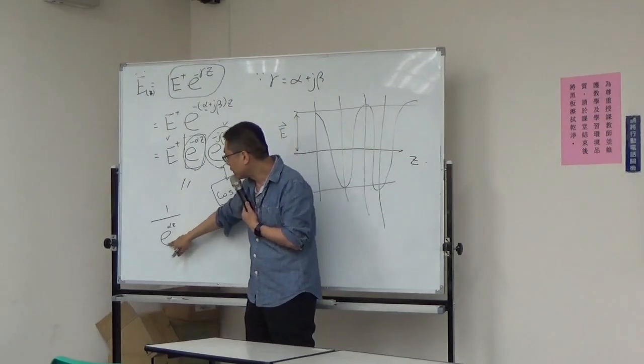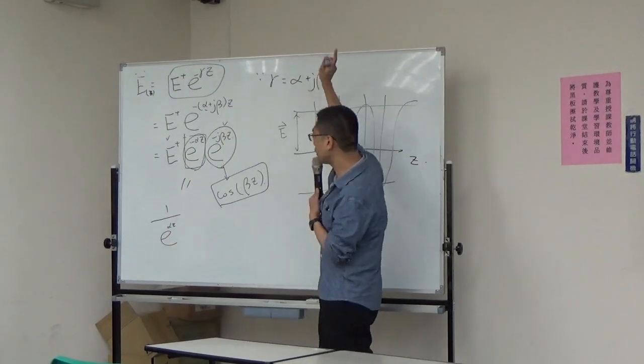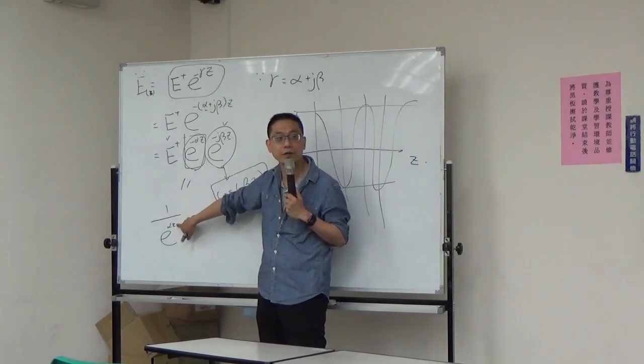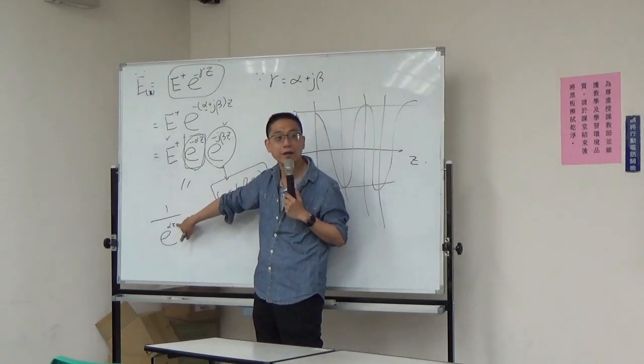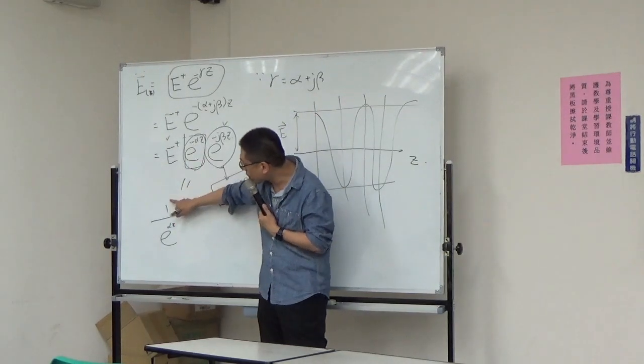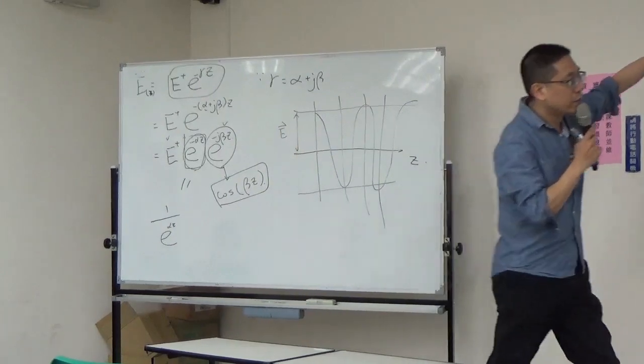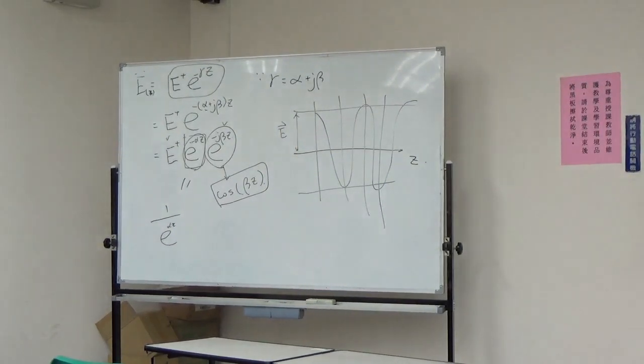For this term, you're getting larger and larger strongly according to your distance, your z, right? And then you have the minus here, it is 1 over exponential to the alpha z. So it's like this term. Your attenuation, your red one here, it is this function.